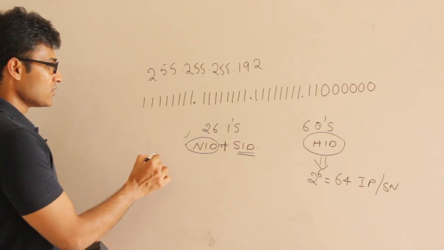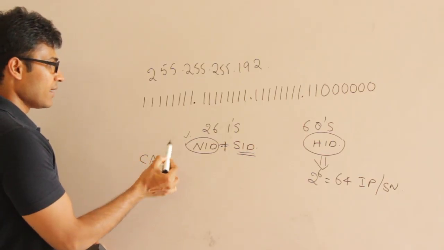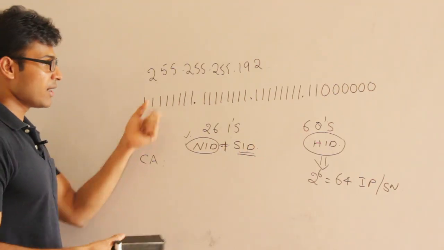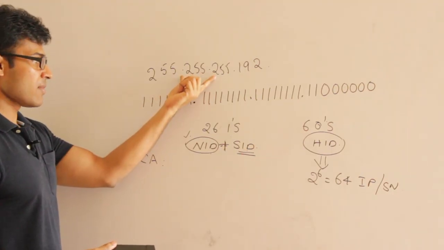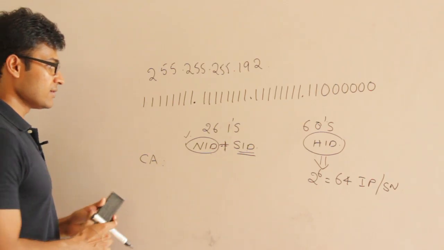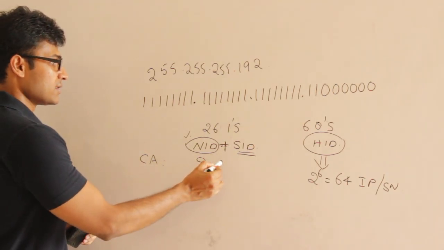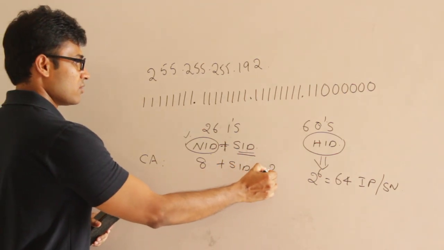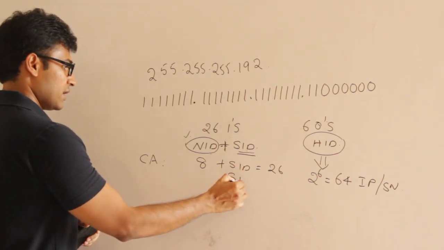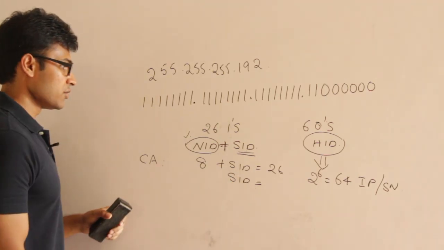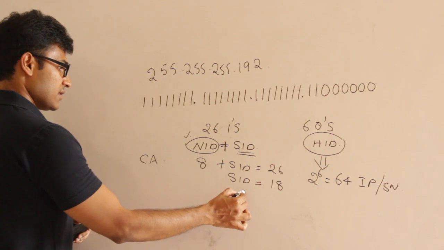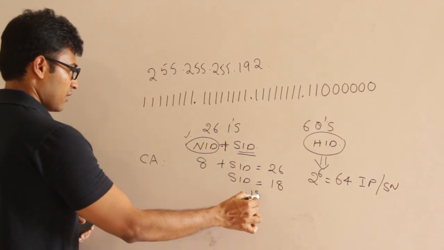In case this would have been class A, if a class A network would have been partitioned, and this is the resulting subnet mask, then in that case network ID part is 8 bits plus subnet ID part equals 26. Therefore in that case subnet ID part is going to be 18 bits, right? So in this case number of subnets we got is 2 power 18.